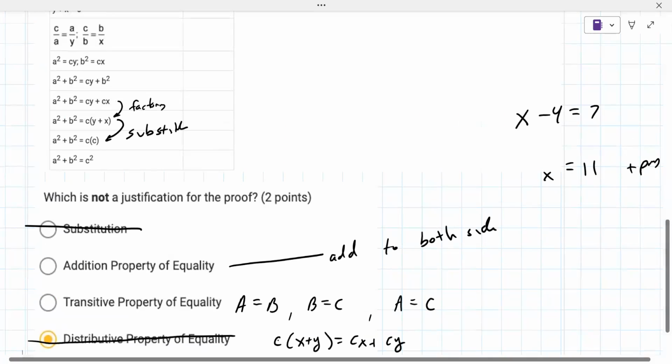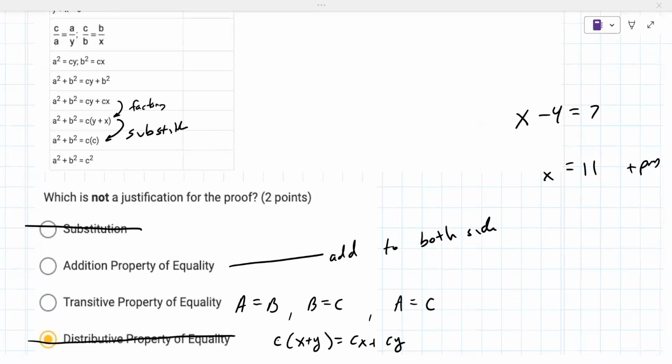Let me see if I can find it, just to prove to you the addition property of equality example is not here. But let me see if I can show you that. That's why I kept asking.